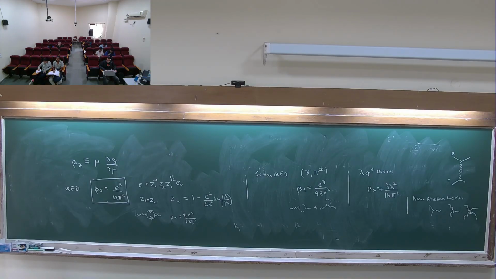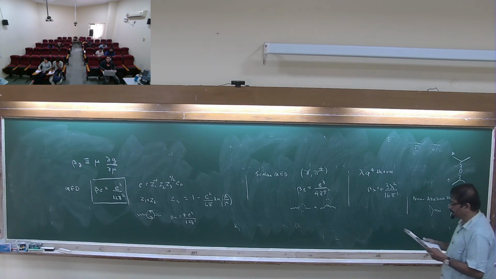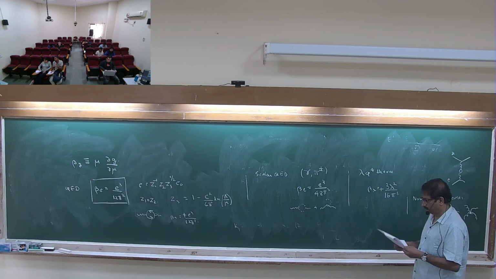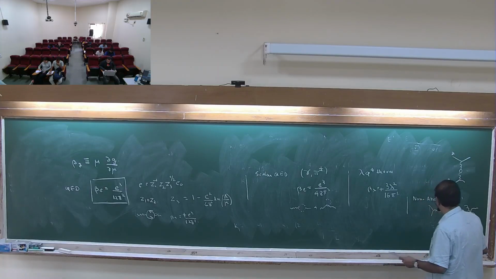What is it? I have forgotten to write it down. So it's written in many different places, but not where I want it to be written. So, non-abelian gauge theories. Okay, I'll write down the exact one later.